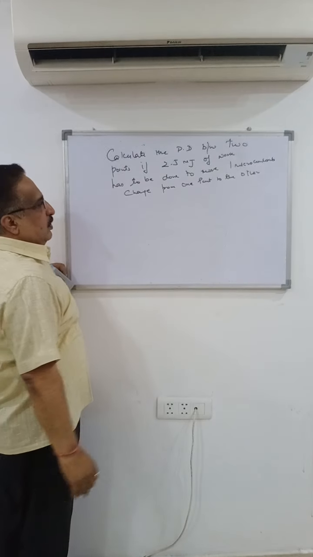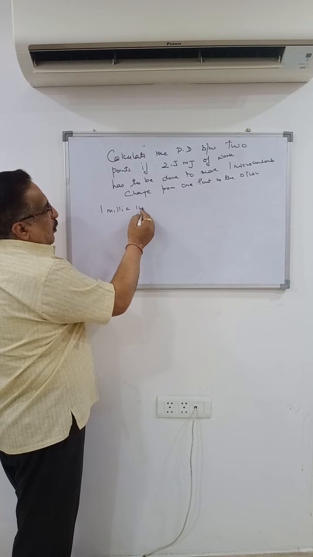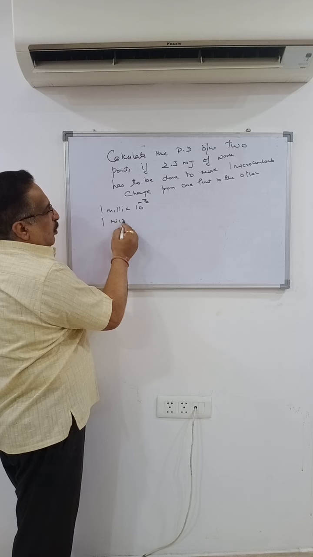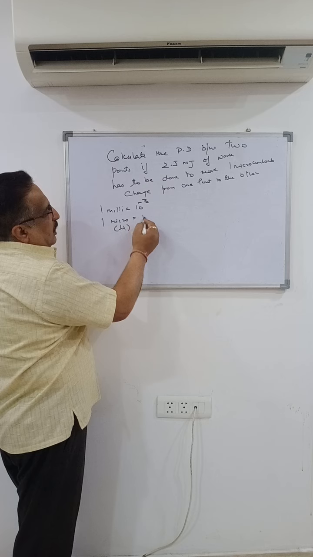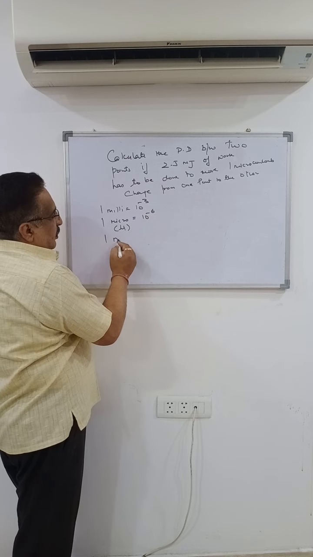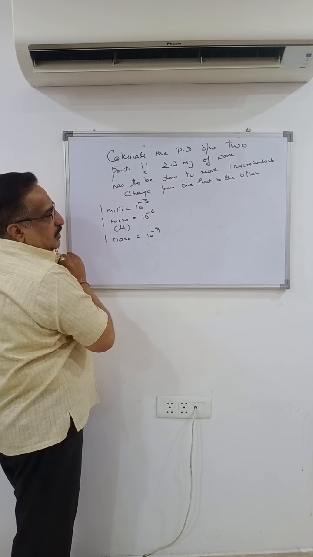Now, first of all, you should know what is milli. 1 milli is equal to 10 raised to power minus 3. 1 micro is equal to 10 raised to power minus 6. 1 nano is equal to 10 raised to power minus 9.